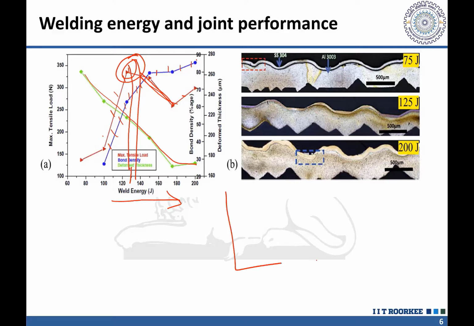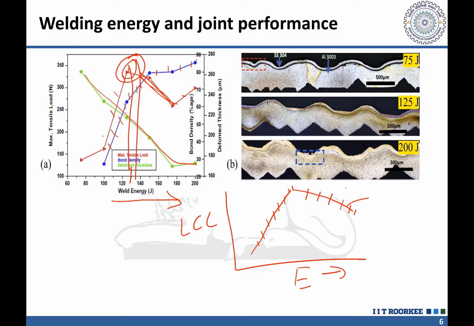So if we simply plot the energy as a function of, let's say, the load carrying capacity, it will initially be increasing because of the increasing bonding between the sheet metals, but after reaching the peak value, a further increase in the energy decreases the load carrying capacity, and this is attributed to the thinning of the base metal.